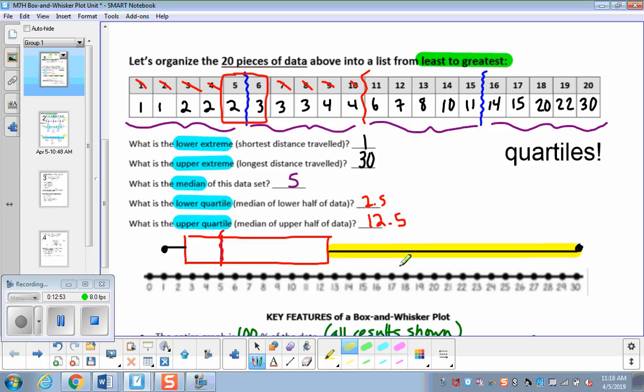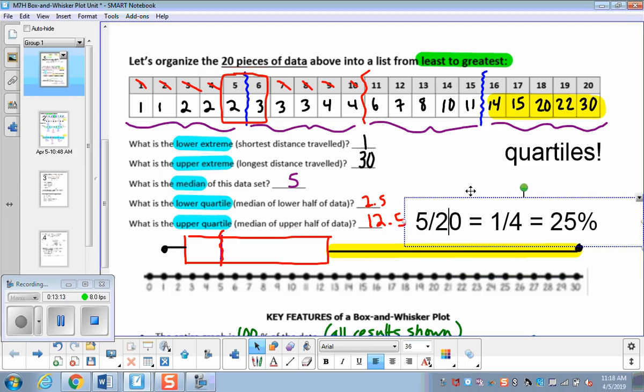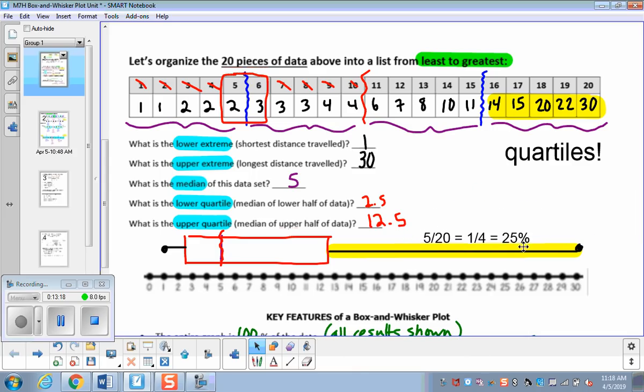From 12.5 to 30, up here in the data, we can see that that's 1, 2, 3, 4, 5 pieces of data. 5 out of the 20 reduces to 1/4, which is 25% of the data. 25% is in that section. Even though it's longer, it doesn't mean that there's more people represented in that data set.